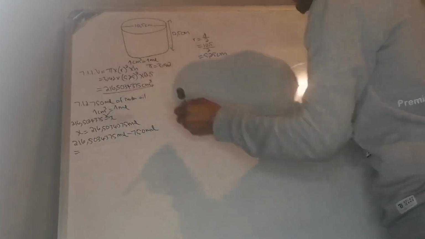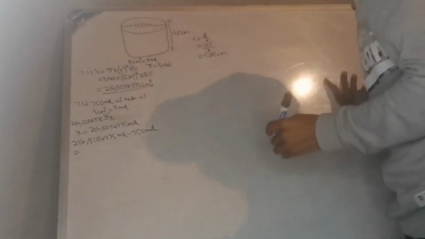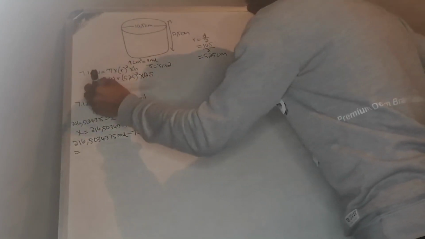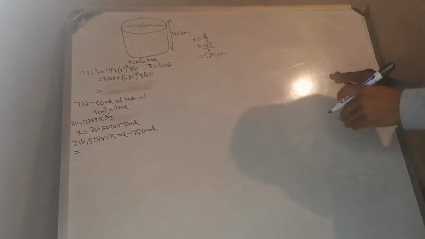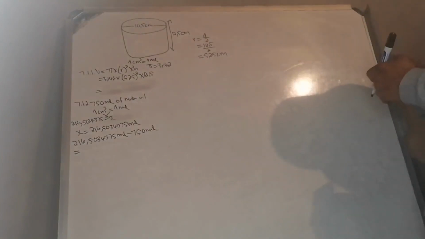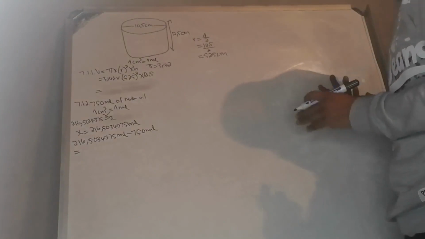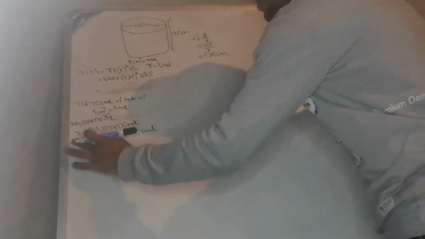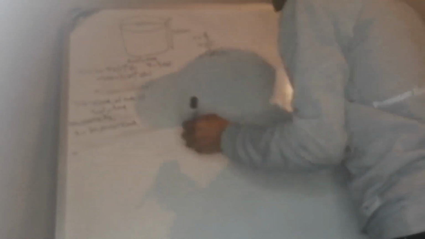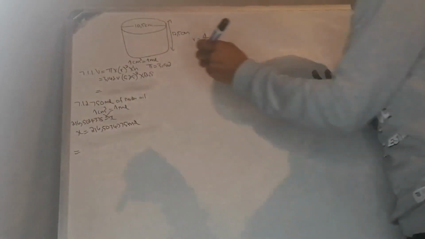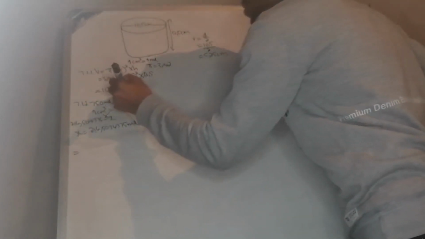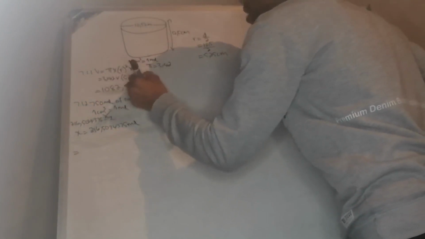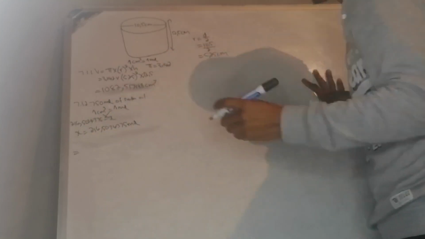I'm very sorry, something is not adding up. I see, I should use 12.5 for the height. That gives 1082.517188 centimeter cubed. I'm very sorry.